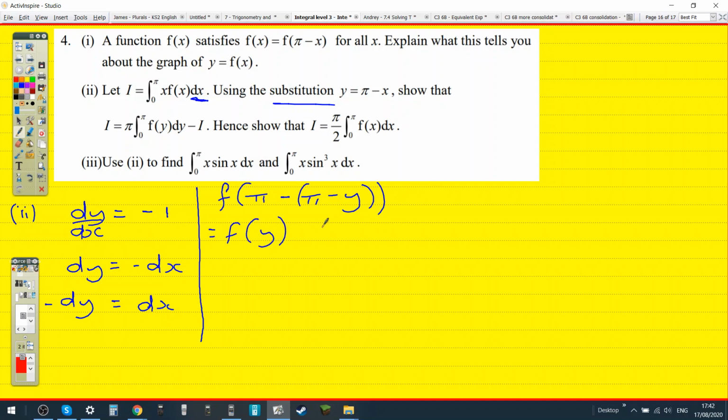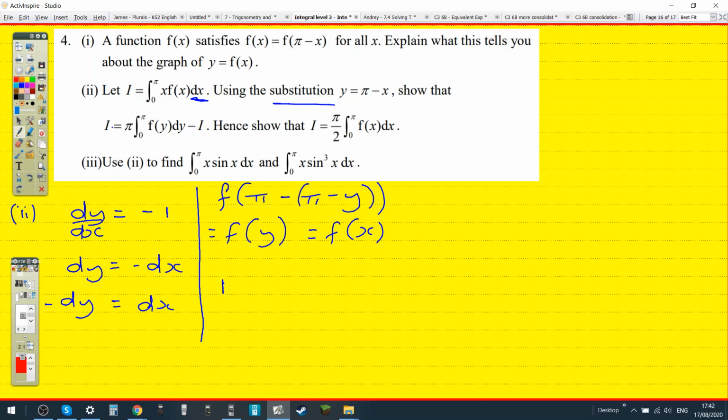I don't know why it would be minus I. It just says I equals something minus I. What does that mean? Is it equal to 0? It's a strange thing to see. I think that might be meant to be that. We'll get there. Hold on.